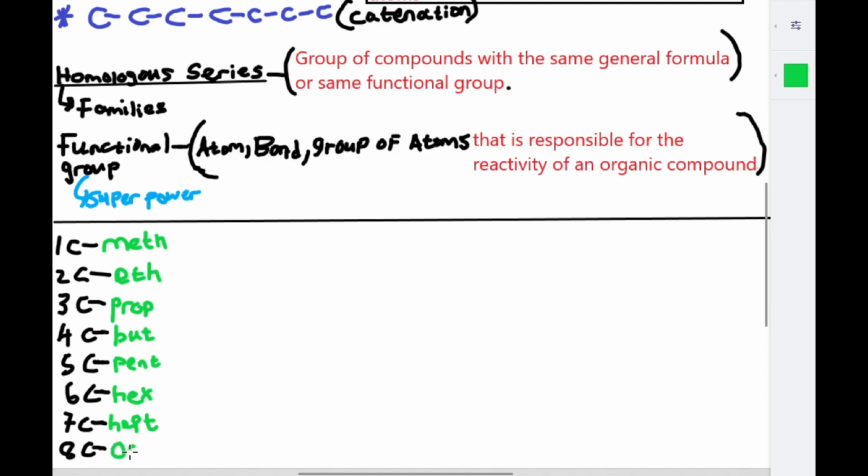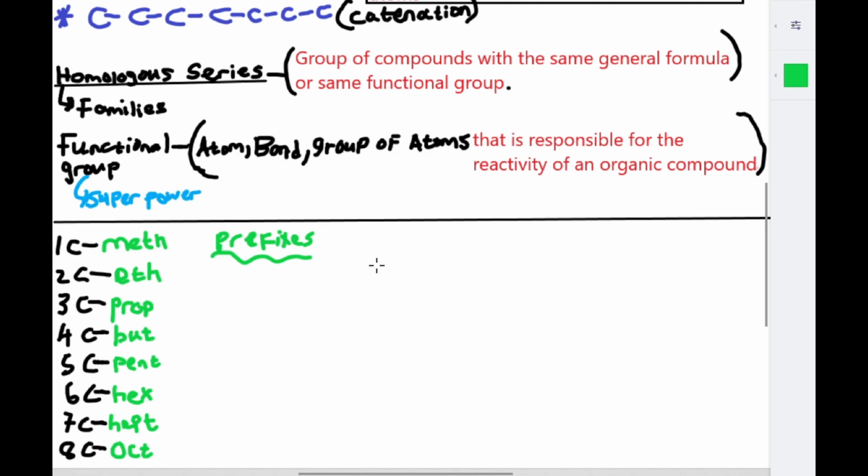And that's where we're going to end for grade 12s. If you want to continue to 9, that's going to be non. These are the prefixes. You know from English that a prefix is the first part of the word, right?